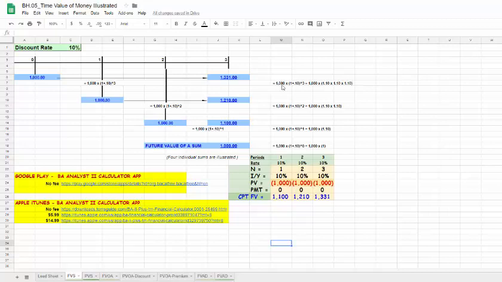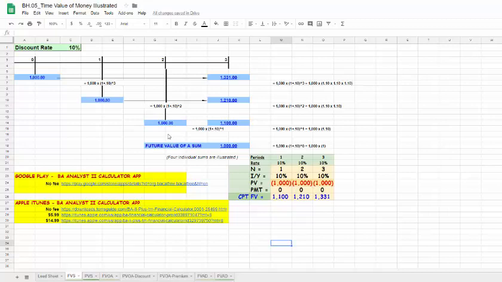That would be like taking your initial deposit, $1,000, times 1 plus the interest rate, 10%, raised to the third power, or 1,000 times 1.1 times 1.1 times 1.1. That accumulates to $1,331. So there you have it, time value of money. This is known as compound interest or interest on your interest.